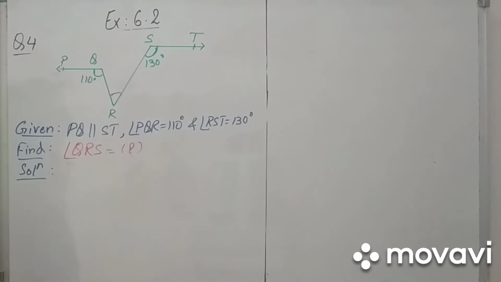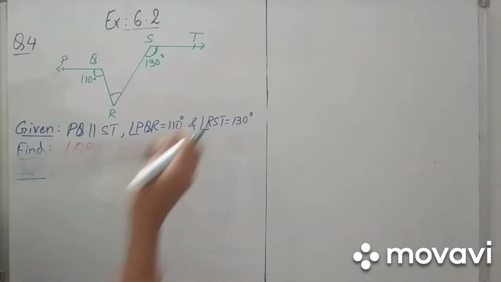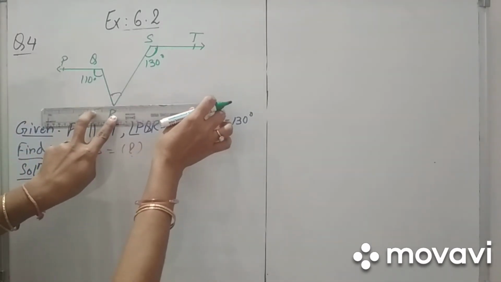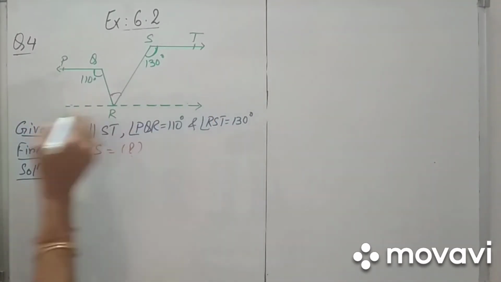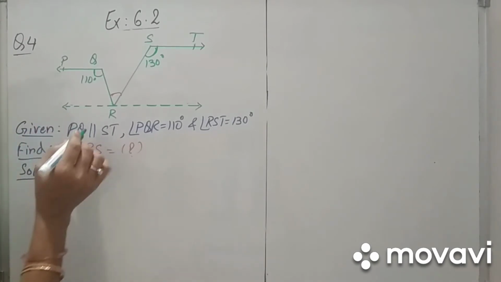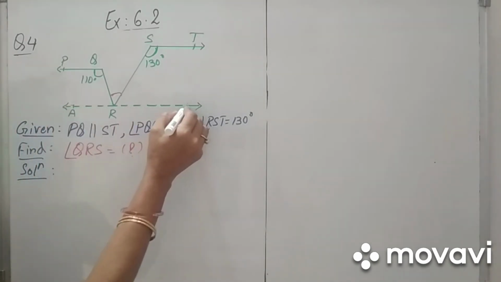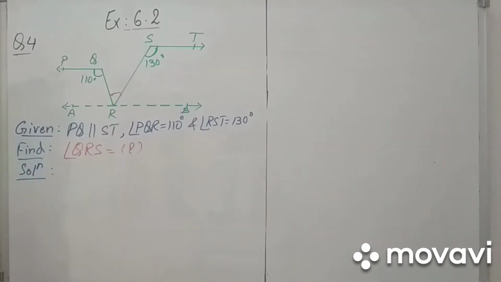We have to find out QRS. Now, how to solve it? We will draw a line for the solution parallel to ST, and you know I explained why you have to draw a dotted line when it is not given in the question. At that time you have to draw a dotted line.